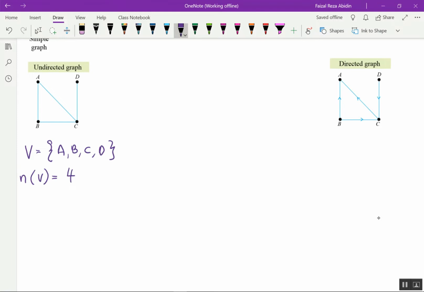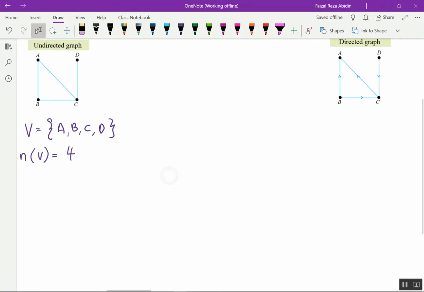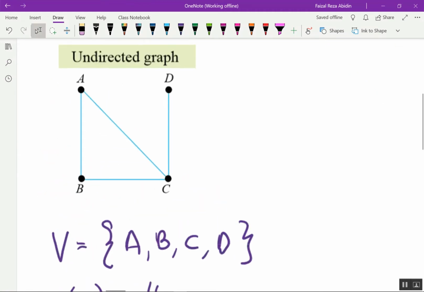Next, can you give me the edges for the undirected graph here? Can you list down all the sets over here? Normally we just name the edges AB, AC, CD, and BC.